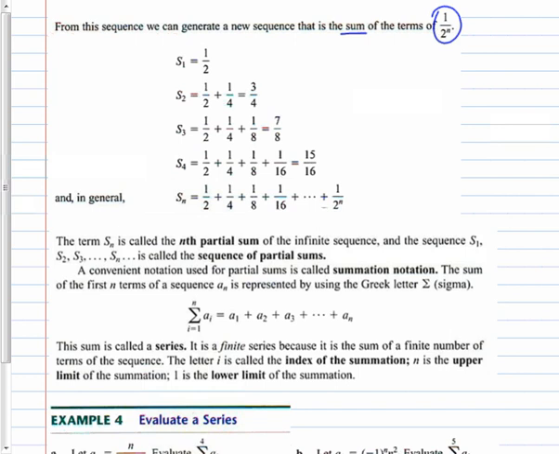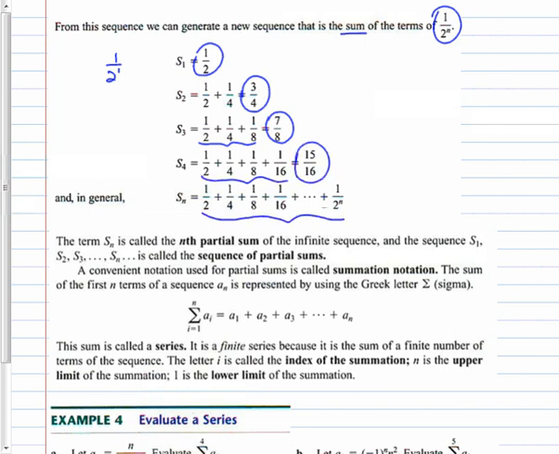So this is 1 over 2 to the first. That's how they got 1 over 2. Well, the sum of just one term would just be 1/2. The sum of 2 terms, well, the first one is 1/2, the next term is 1/4. I added it together, we got 3/4. The sum of 3 terms, that's what they're showing here. We can get what are called partial sums, a sum of part of the sequence. And so here they happen to have the first 4 terms. That would be the answer.